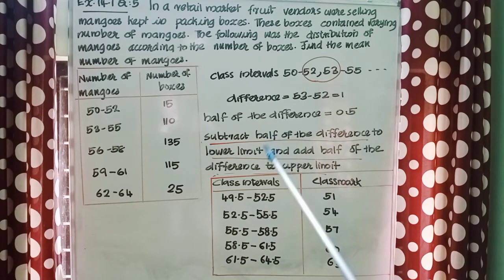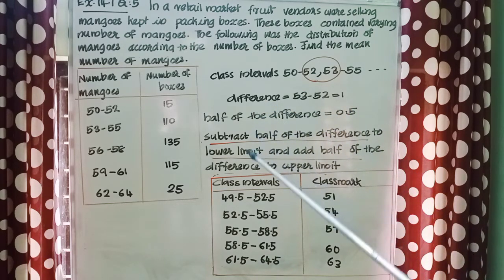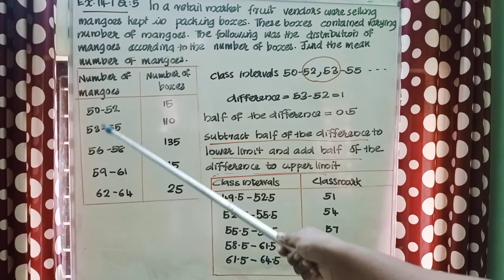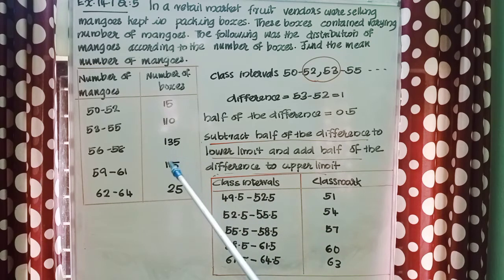Next, subtract half of the difference, that means this 0.5, from the lower limit and add half of the difference to the upper limit.